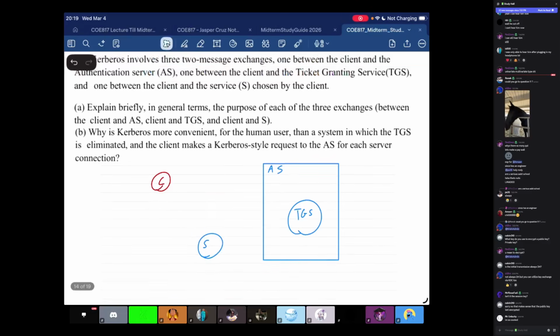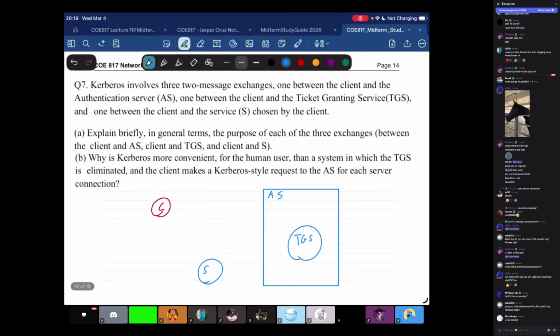So the communication method that is chosen: the first message that the client makes to the AS entails, one sec, I don't want to lead you guys in the wrong direction. Okay, so it requests the ticket granting ticket.